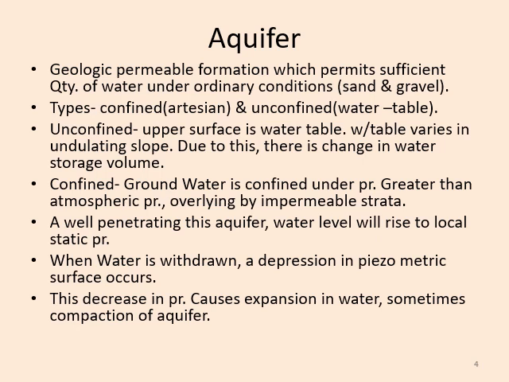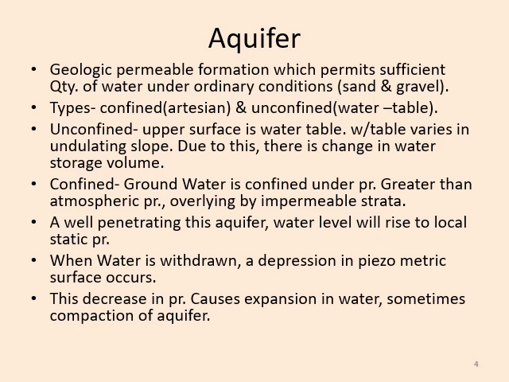In the unconfined aquifer, the top level is known as the natural groundwater table, and it is bounded by some impermeable strata at the bottom.